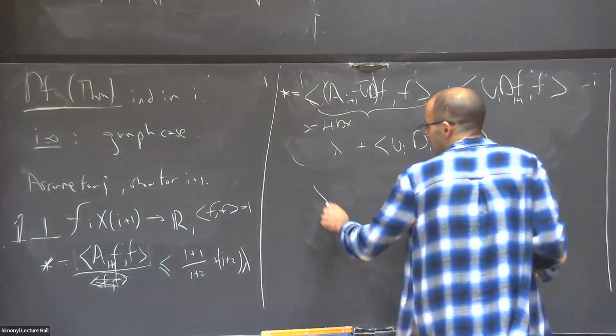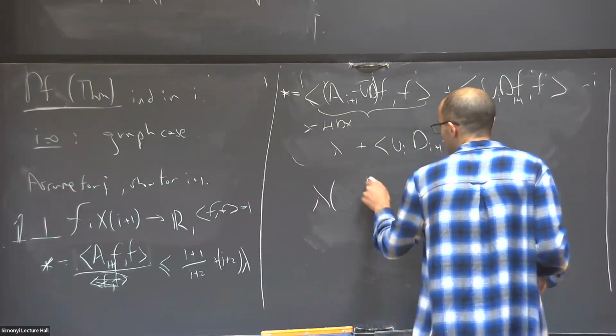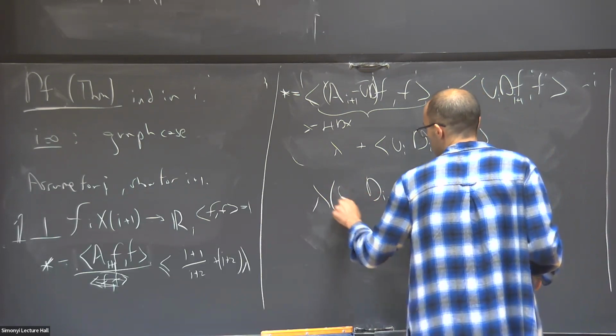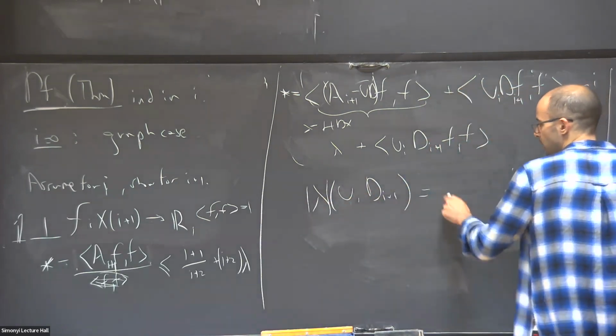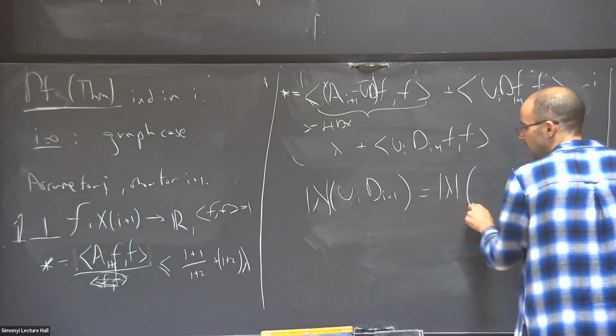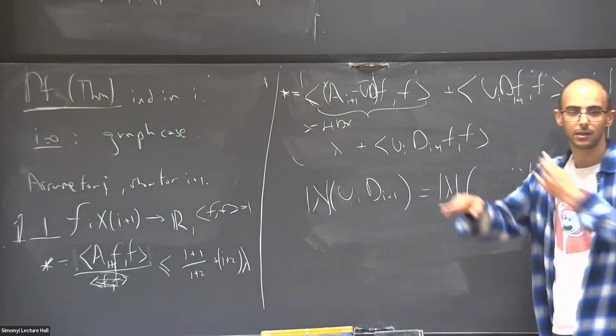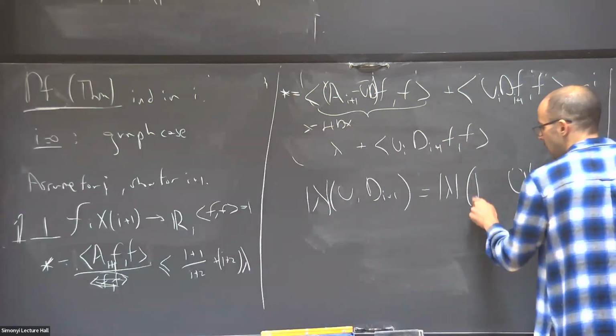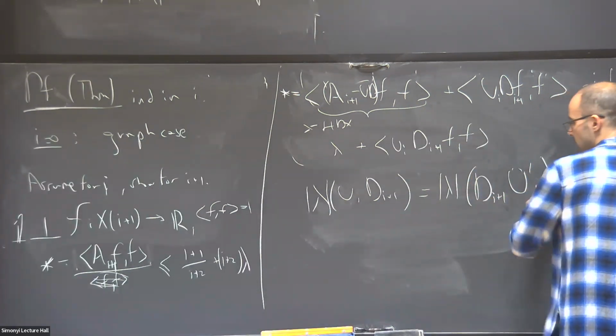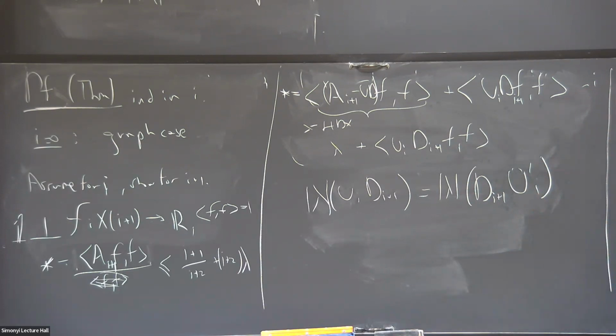But now from basic linear algebra, when I look at the down operator, I can just look at the composition of these two in the reverse order, which is U_i D_(i+1). The norm of a product of matrices doesn't change with the order you multiply. Yes.